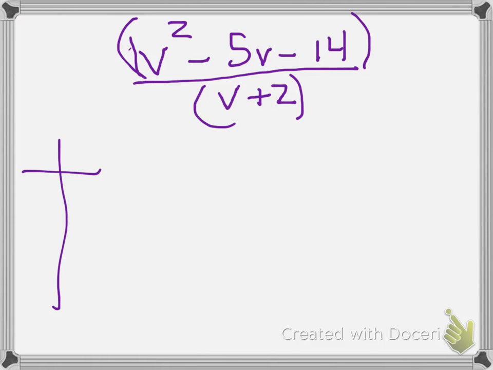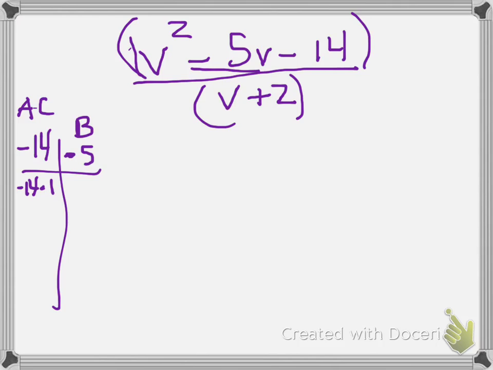A times c, so 1 times negative 14 is negative 14. Factors of a times c have to add up to b. The b value is negative 5. So since this is a negative, one of the factors has to be positive, and one of the factors has to be negative over here. The bigger one's going to have to be negative because the b value is negative.